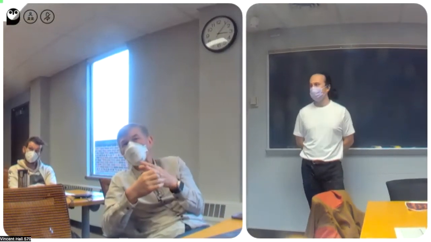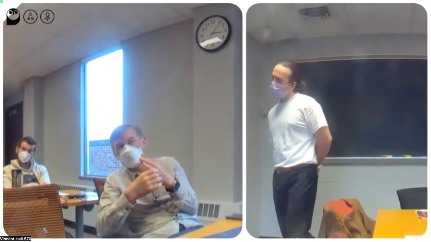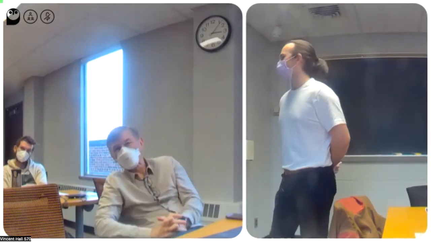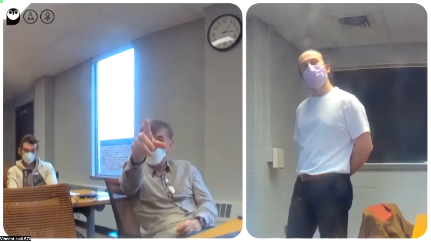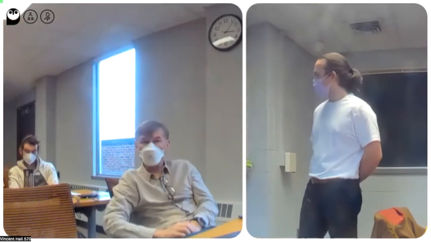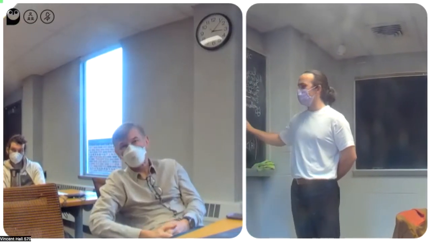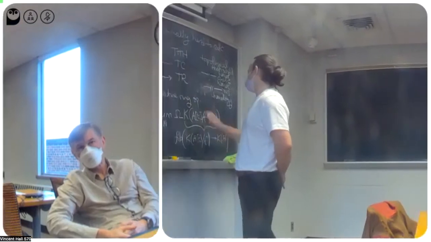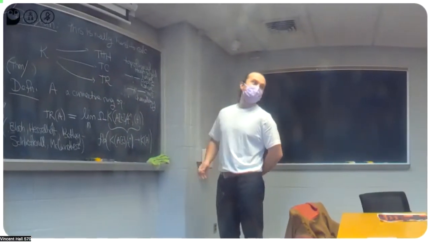Which one is harder to understand? The TR of A or the K-theory of A? No, the K-theory of that particular ring. So it is harder to understand, I would say, this thing than, well, that's harder than K, yeah.